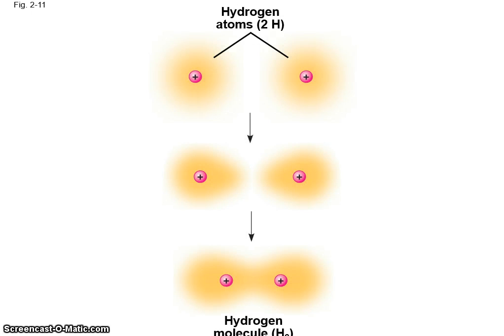Now, for an example, hydrogen, as you saw on those previous slides, has 1 valence electron. So this hydrogen atom over here has 1 valence electron. This hydrogen atom over here has 1 valence electron.